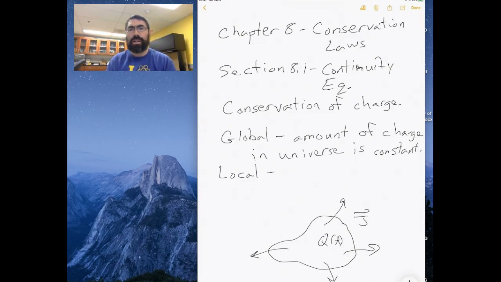So therefore, the quantity of charge is changing, but if I account for it with the charge that's leaving the system, then that's the current. So there should be some relationship between the electric current and the electric charge.